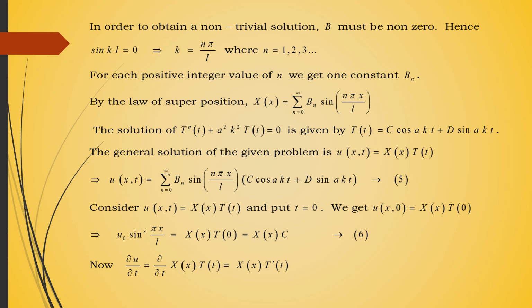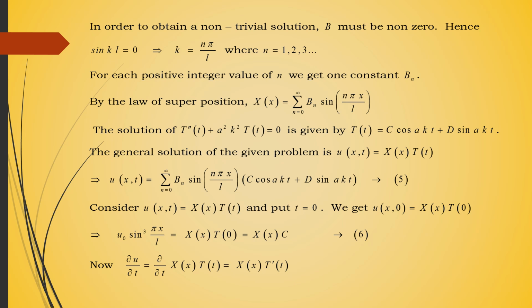If we take n = 2, we get k = 2π/L and so on. k takes infinitely many values. For each positive integer value of n, we get one value for the constant B, say Bn. If n = 1, we get B1. If n = 2, we get B2 and so on.